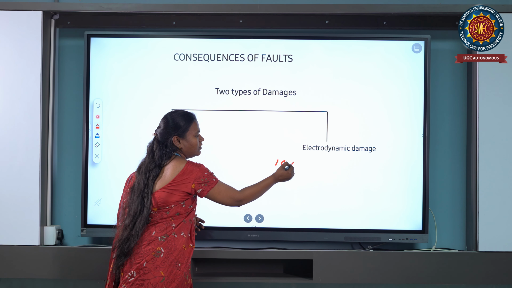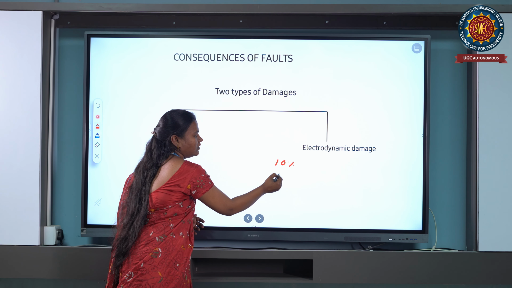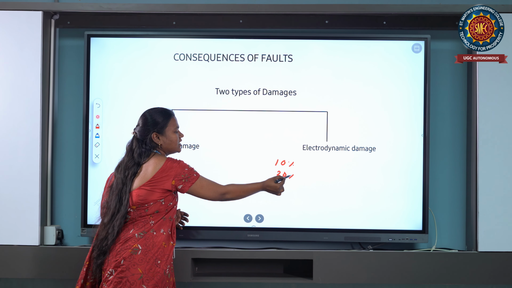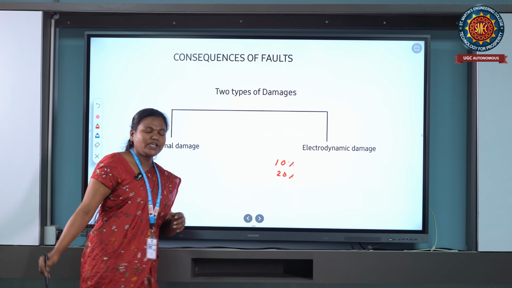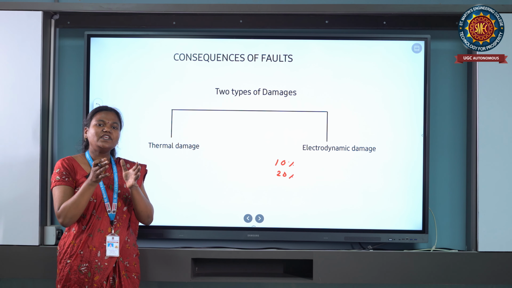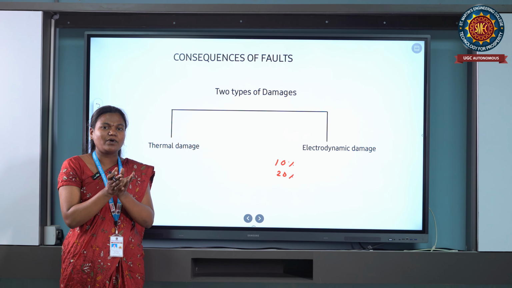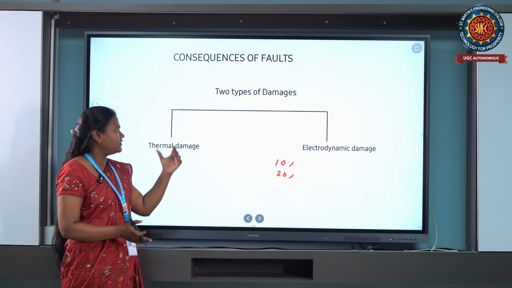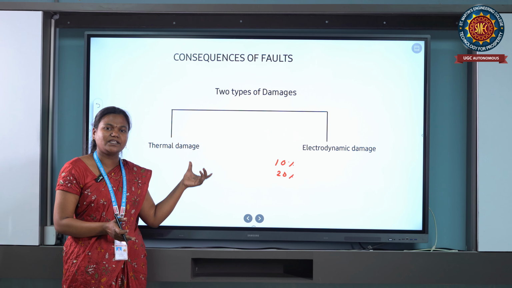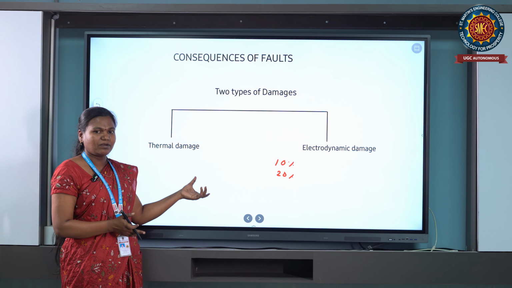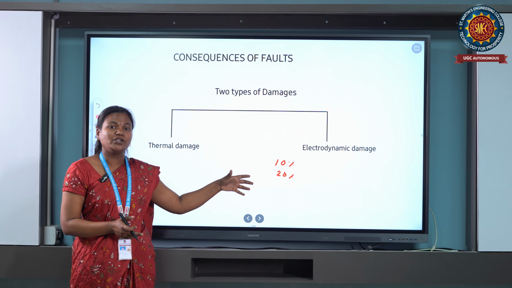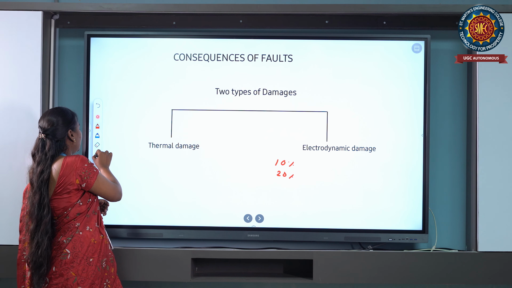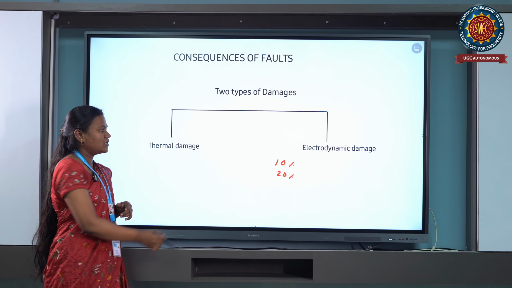After the current increases, the shape of the equipment gets reduced, like a deformed shape of the equipment. So these are the consequences: while the temperature increases we get thermal damage, and while the magnitude of the current increases we get electrodynamic damage. These are the consequences of faults.